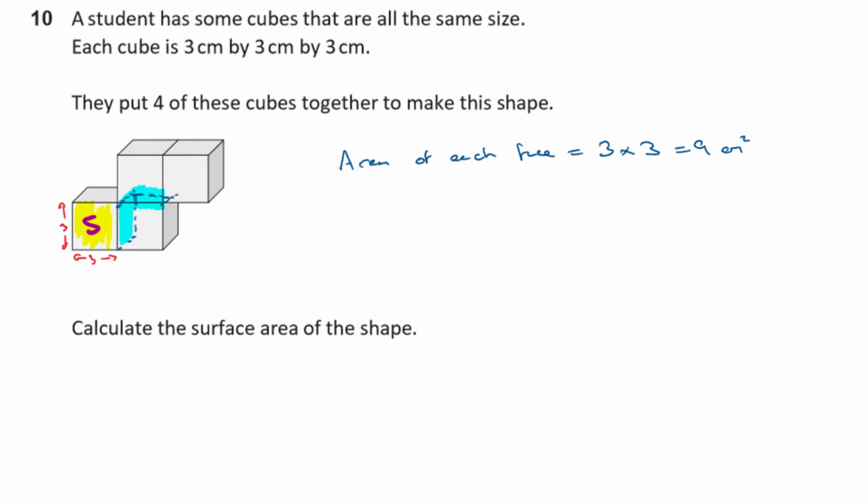So actually there are only 4 external faces on this cube. Similarly, on the third cube, that shares 2 faces with other cubes, because like this one here, look, that is also shared between 2 cubes. So this face here is also kind of internal to the shape and not part of the surface anymore.